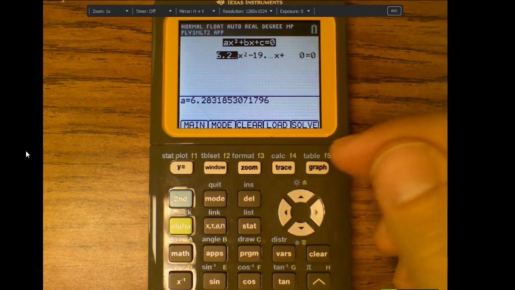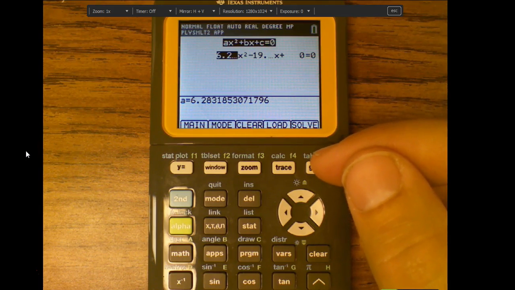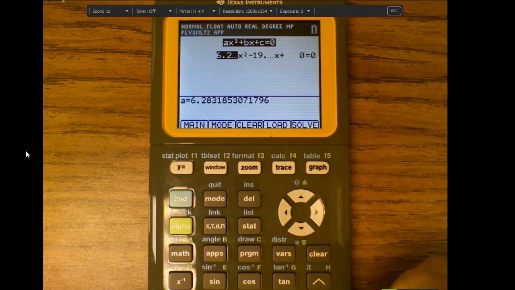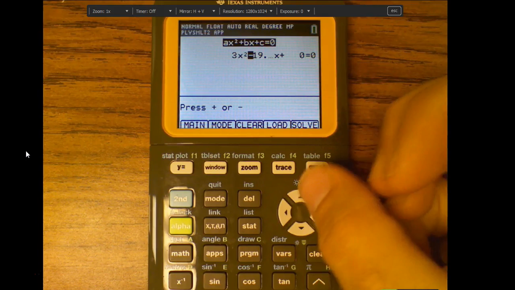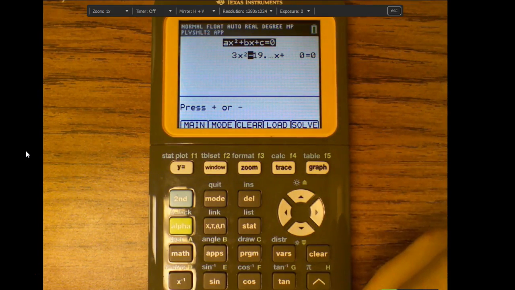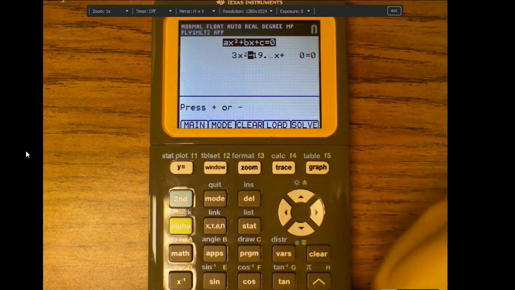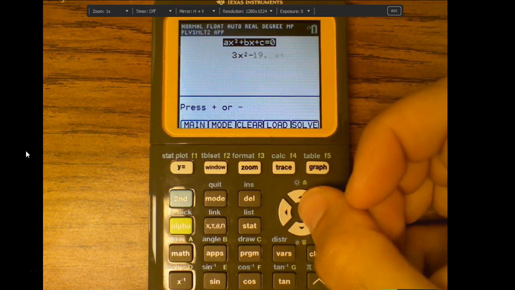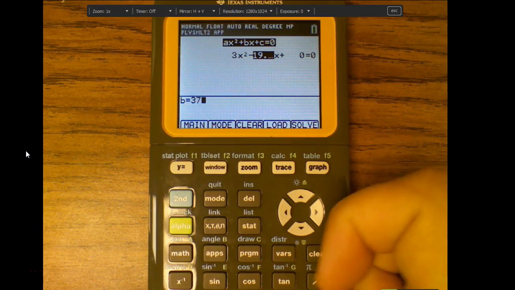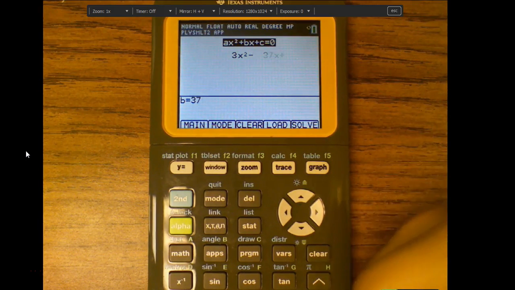And I'm simply going to plug in the numbers that we have. So we had the 3n squared. So I'm going to put my 3 in for that. Then 37n, and then minus 2000.